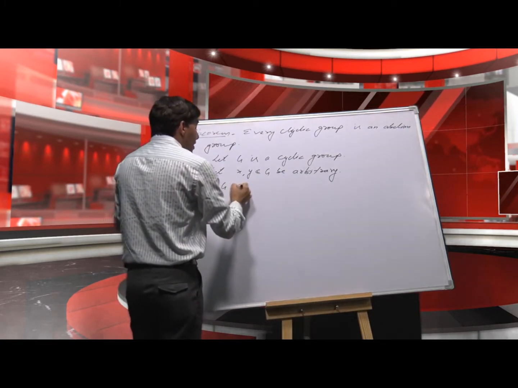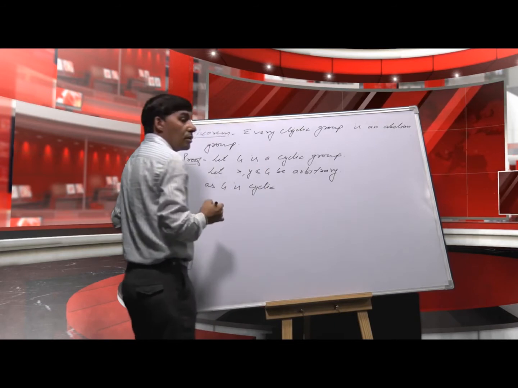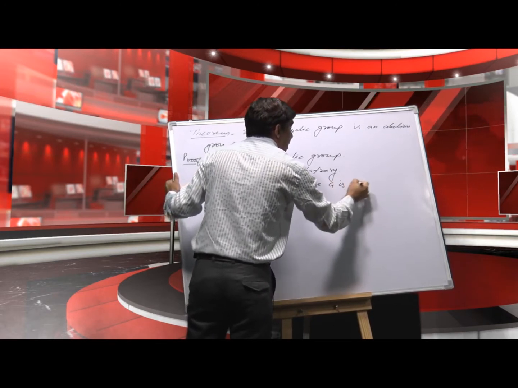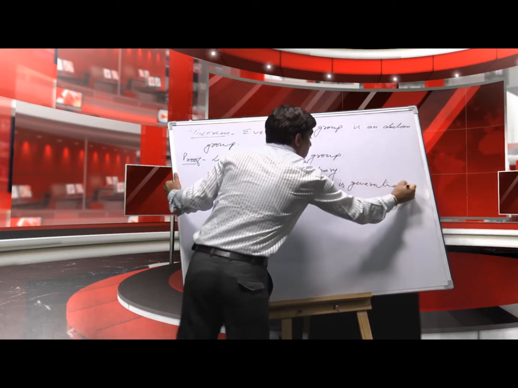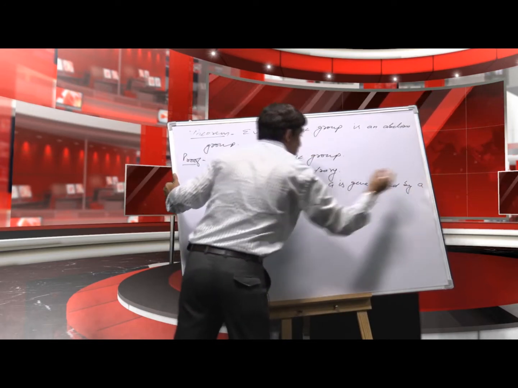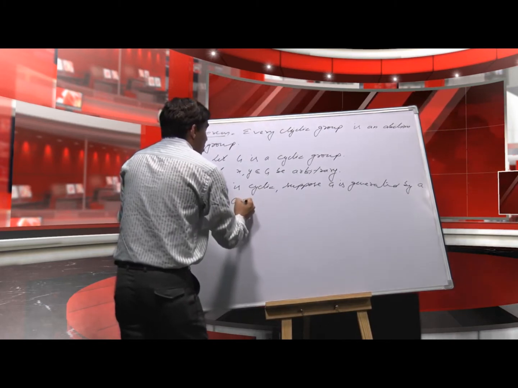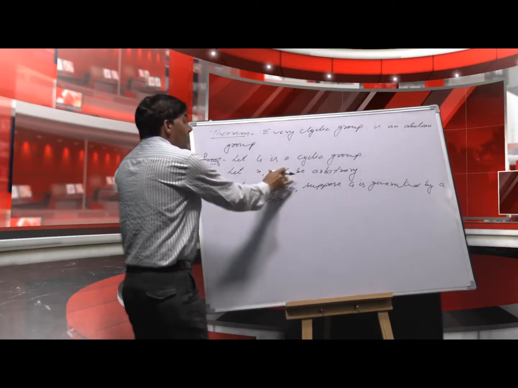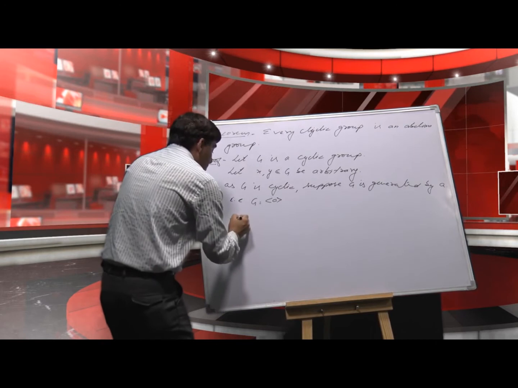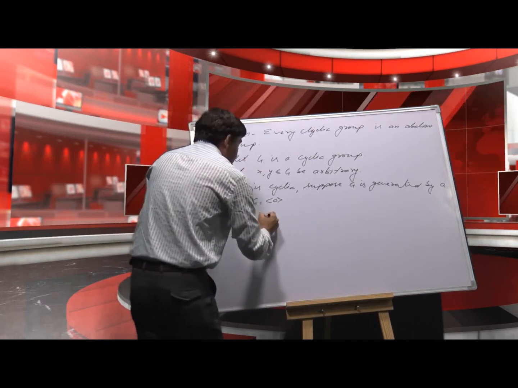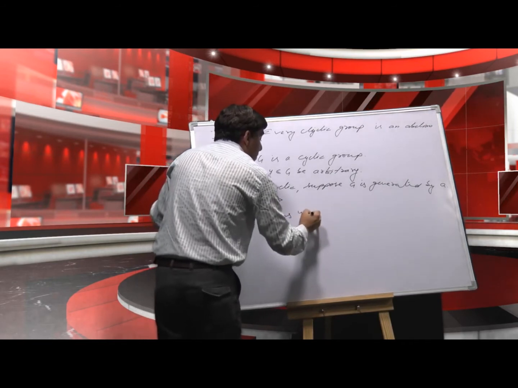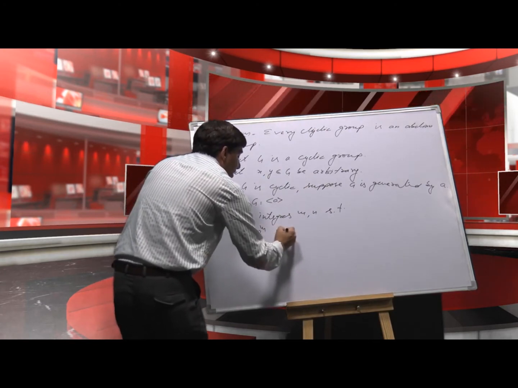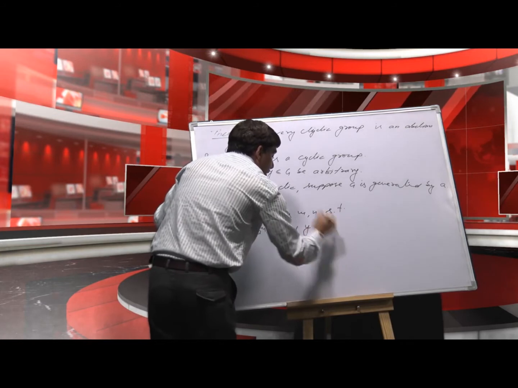As G is cyclic, suppose G is generated by a, that is G is equal to the group generated by a. x, y belong to G, so there exist integers m, n such that x is equal to a raised to power m and y is equal to a raised to power n.